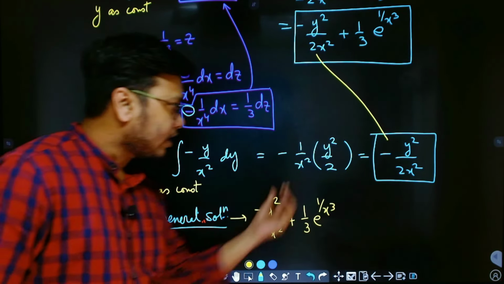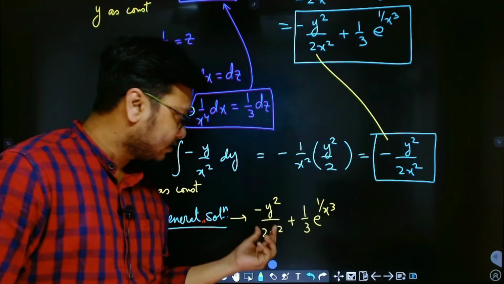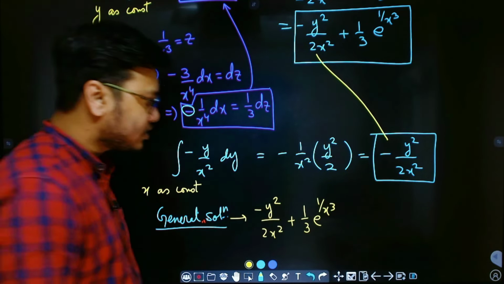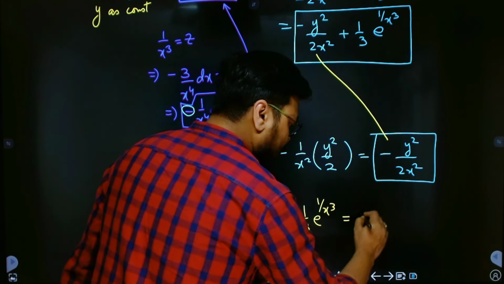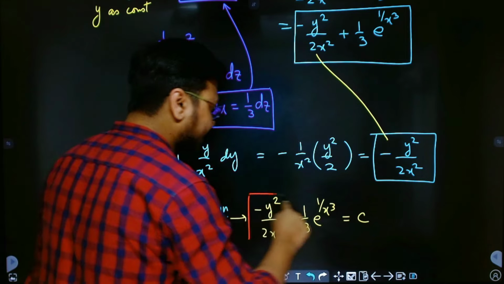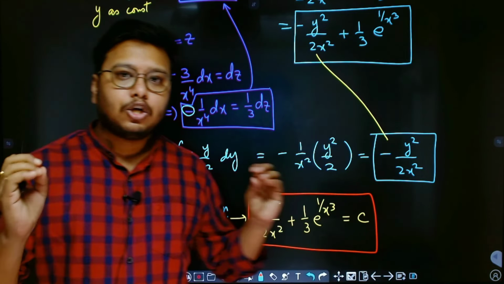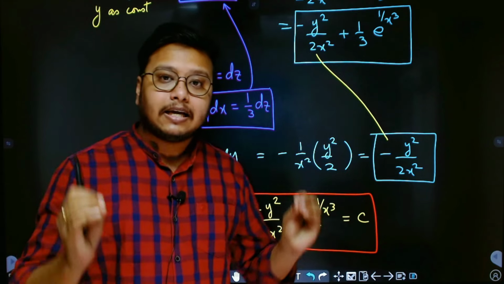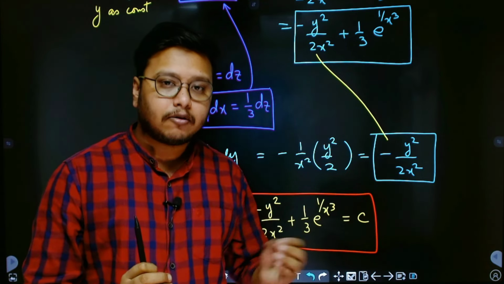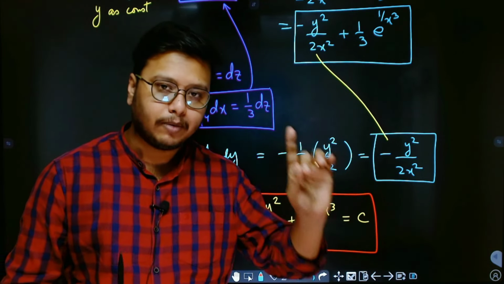The term from the second integration is already present in the first integration, so I'm not going to take that again. So this equals c, and that is my final answer, right? So this is how we deal with a non-exact differential equation, finding the integrating factor using rule number 1.